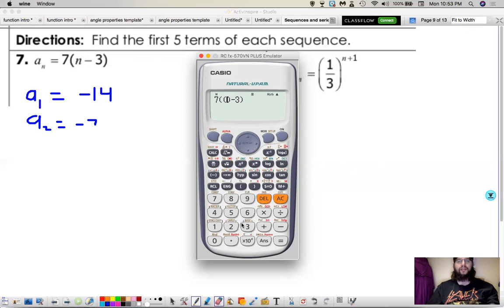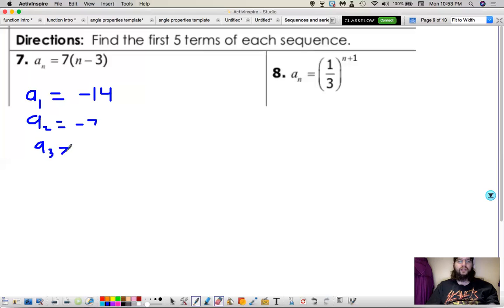Now I'm looking for a sub 3. So see, that's where whatever term we want, the third term, the fifth term, the 100th term, doesn't matter. We can just plug it in this formula and it'll pop it out. So a3 is 0. a4 and a5 are what we need next.